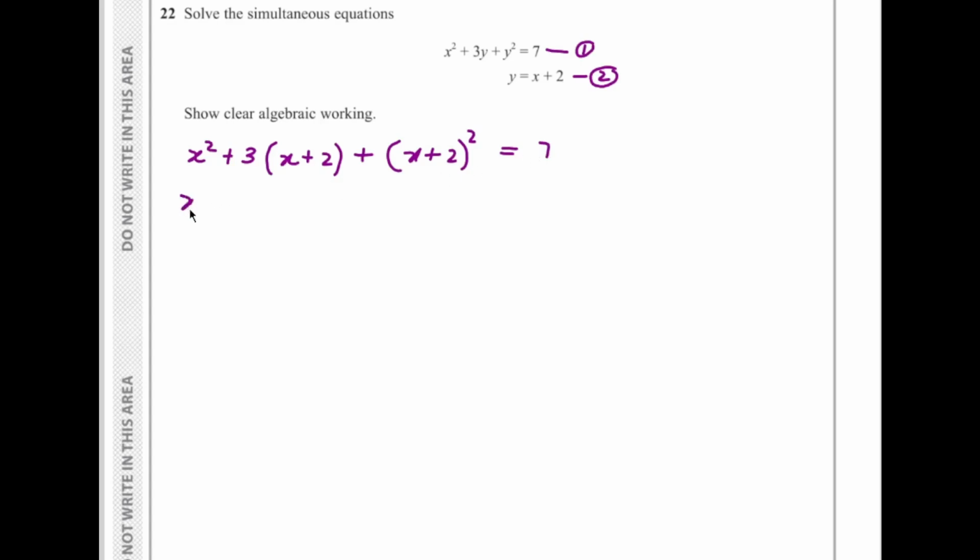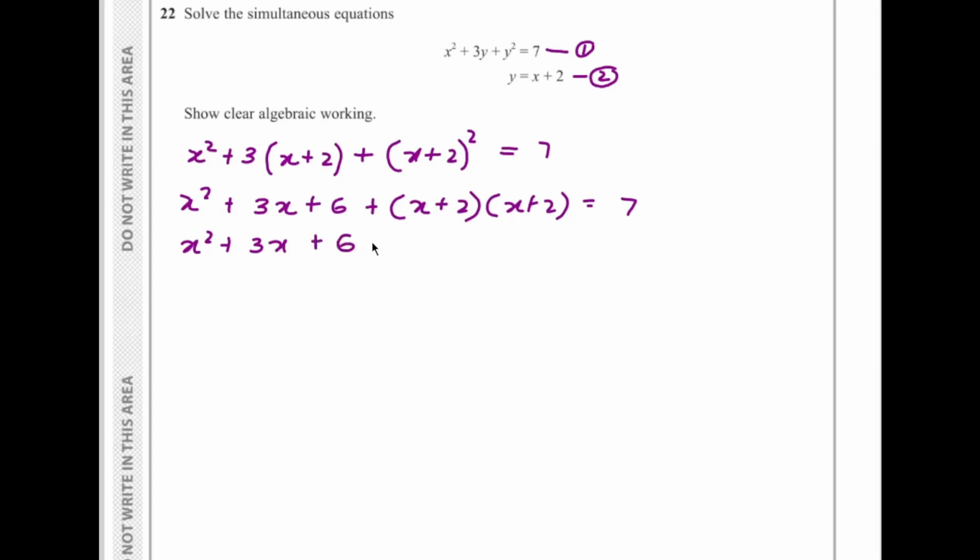Then x squared, let's expand this one: 3x plus 6. Now I have to expand this one as well. x plus 2, the whole thing squared, means x plus 2 times x plus 2, equals 7.